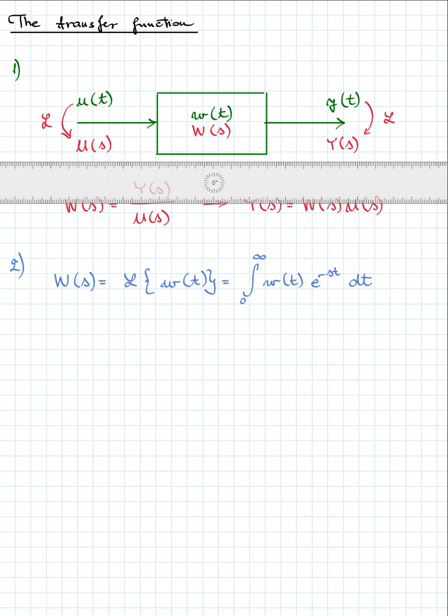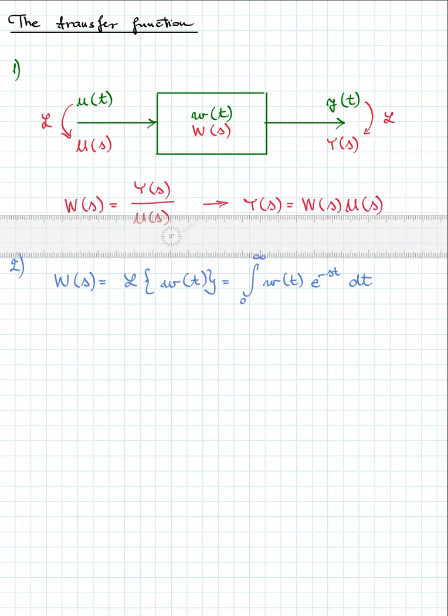Similarly, we are going to get the Laplace transform of the input function. So from u of t we can get U of s, and similarly the output, we calculate the Laplace transform of the output function. So from y of t we can obtain Y of s.